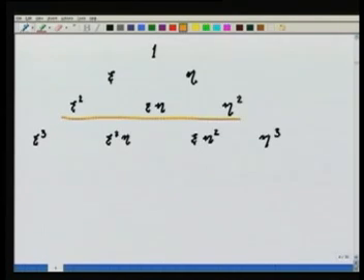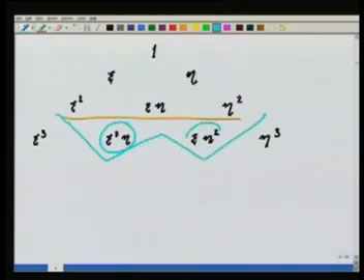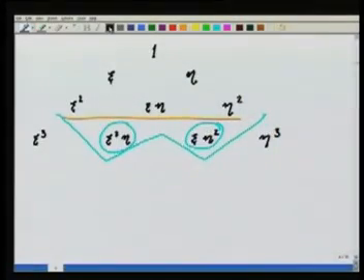This part is completely represented by our serendipity family, plus it has some more terms which are these terms. So the serendipity family has now 2 extra terms as compared to 3 extra terms which we had for the tensor product family.